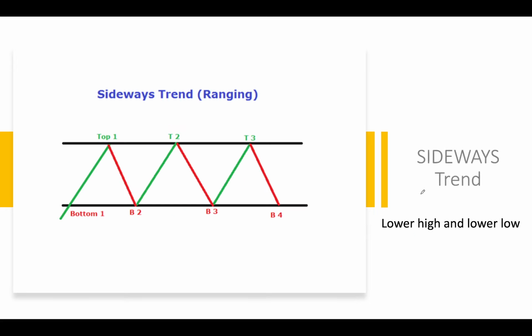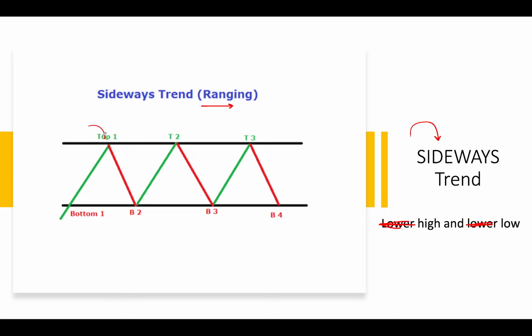Then comes sideways, the third type. The market can only have three types of structure: either it would be going high, or going low, or staying stagnant in some range. Sideways is also called range bound. So what happens in this one?